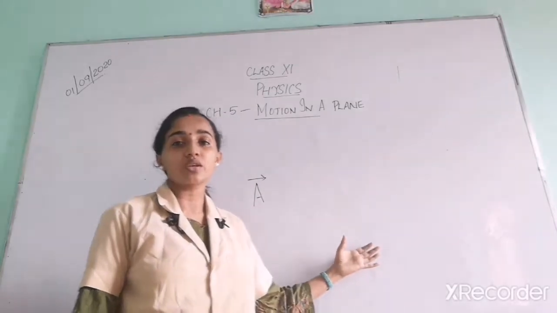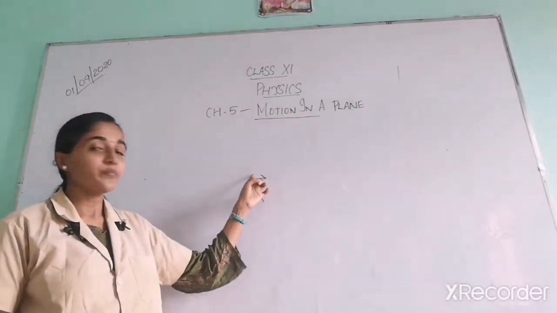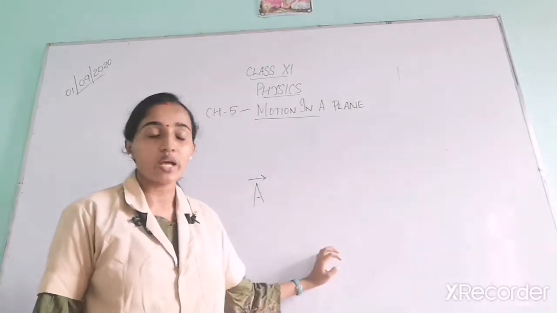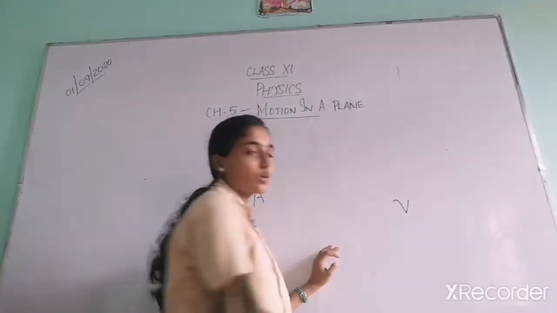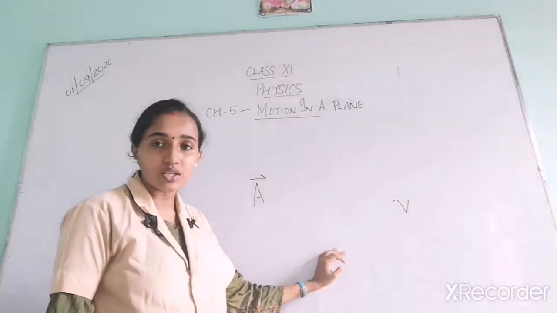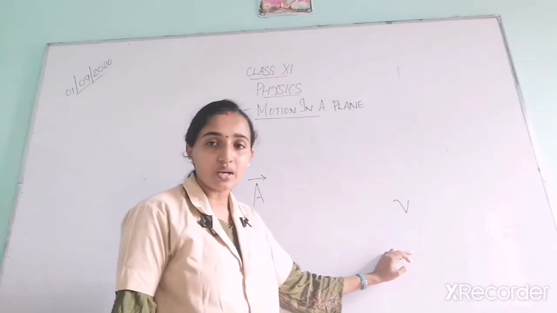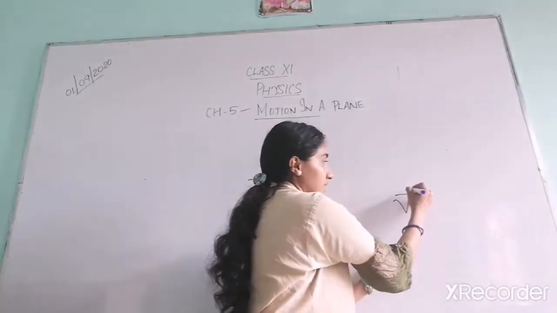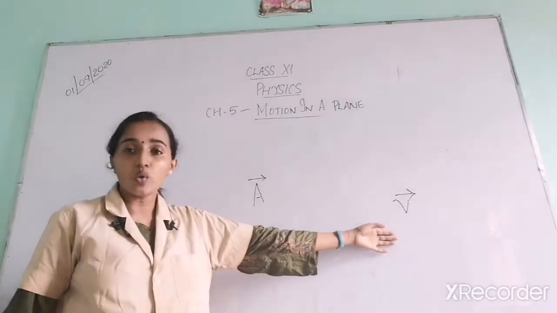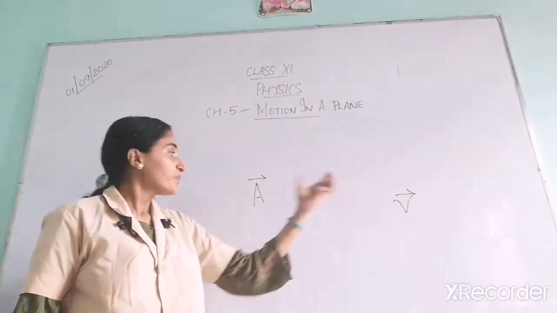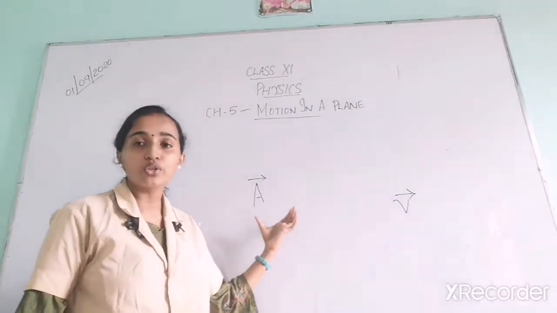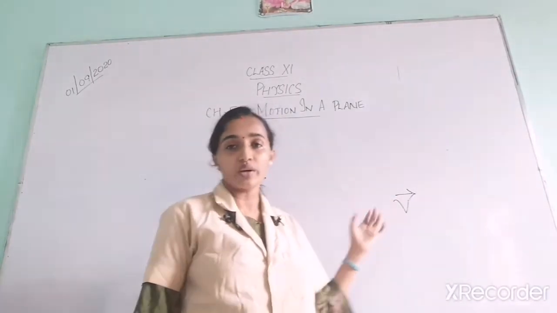So a vector quantity is always represented with an arrow mark just above it. For another example, if we write velocity, V is the representation. Since velocity is a vector quantity, we represent it with an arrow mark above the letter, right? That is how we notate vector quantities.